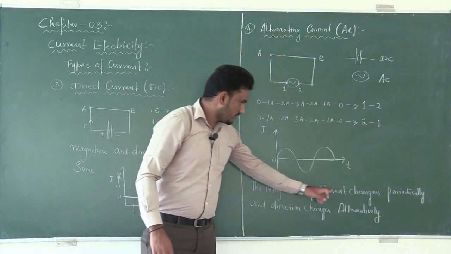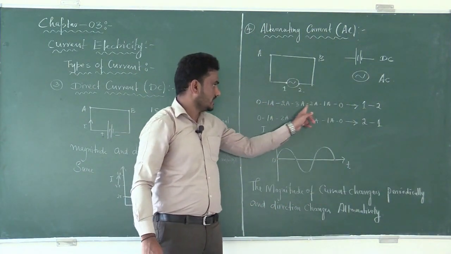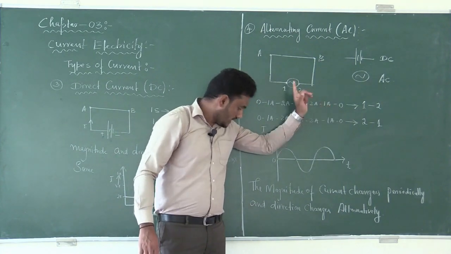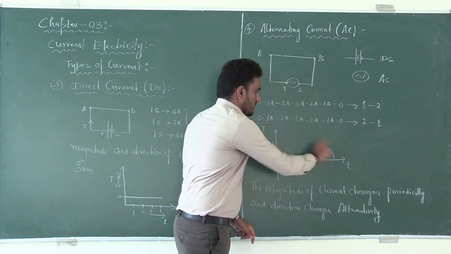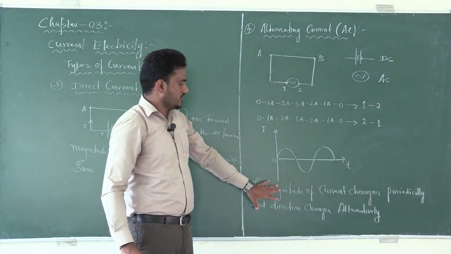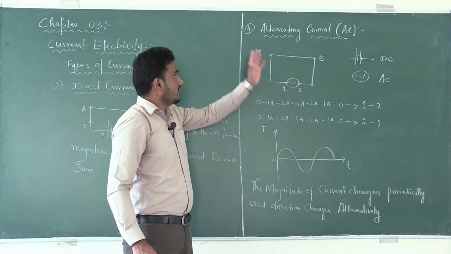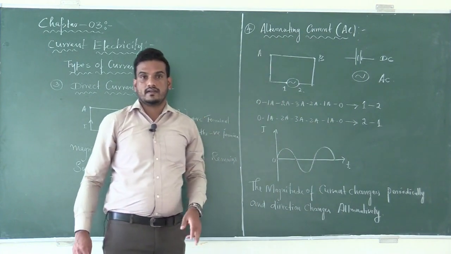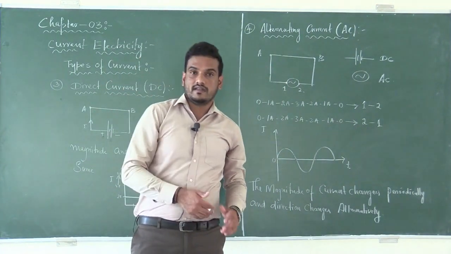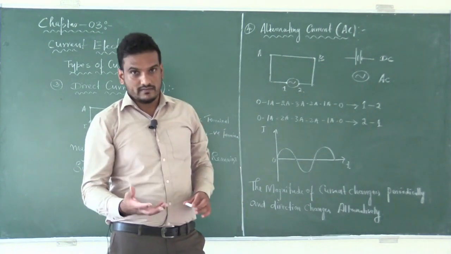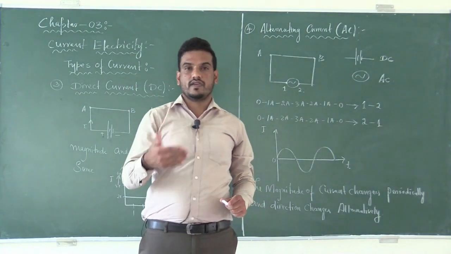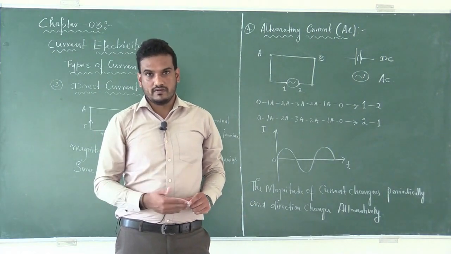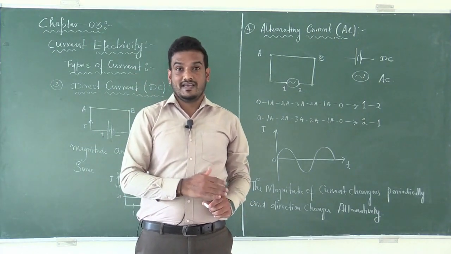The magnitude of current changes periodically, look at the values, and the direction changes alternatively in this way. Such current is said to be alternating current. Anyhow, in detail, you will learn more regarding alternating current, because we have a separate chapter on alternating current in the second PUC.